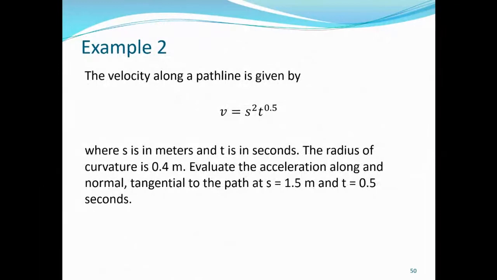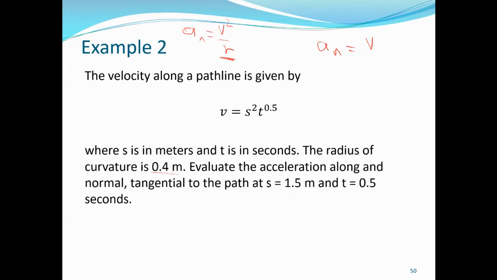So this is an example. The velocity along a path line is given as v equals s squared t to the power of 0.5. So you see the velocity varies with both space and time, where s is in meters and t is in seconds, and the radius of curvature is 0.4 meters. Evaluate the acceleration. The radius of curvature is for the normal acceleration, which is v squared over r, where r is the radius of curvature.